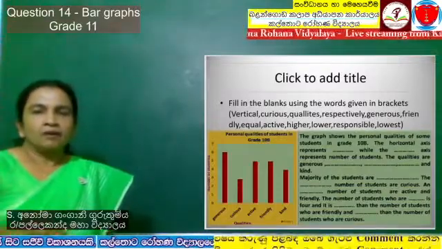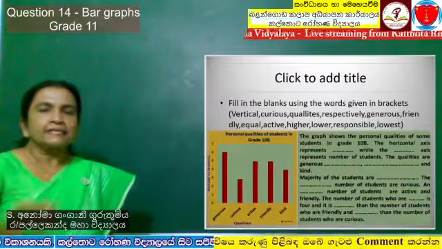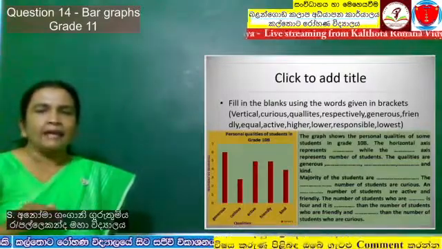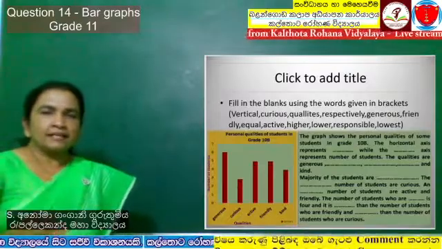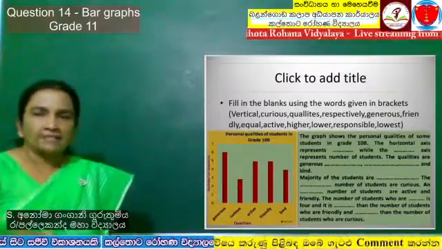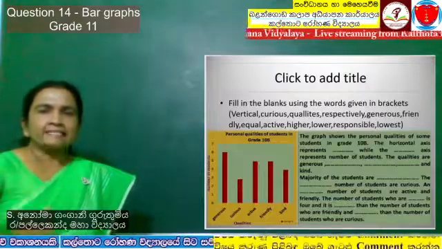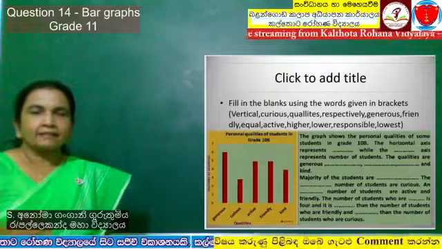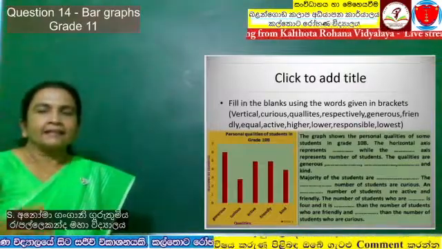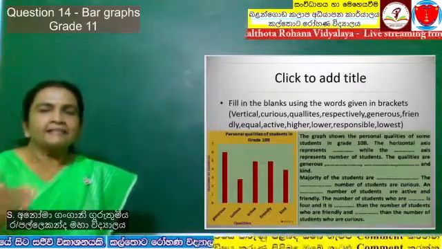The horizontal axis represents blank, while the blank axis represents number of students. The qualities are generous, blank, blank, and kind.